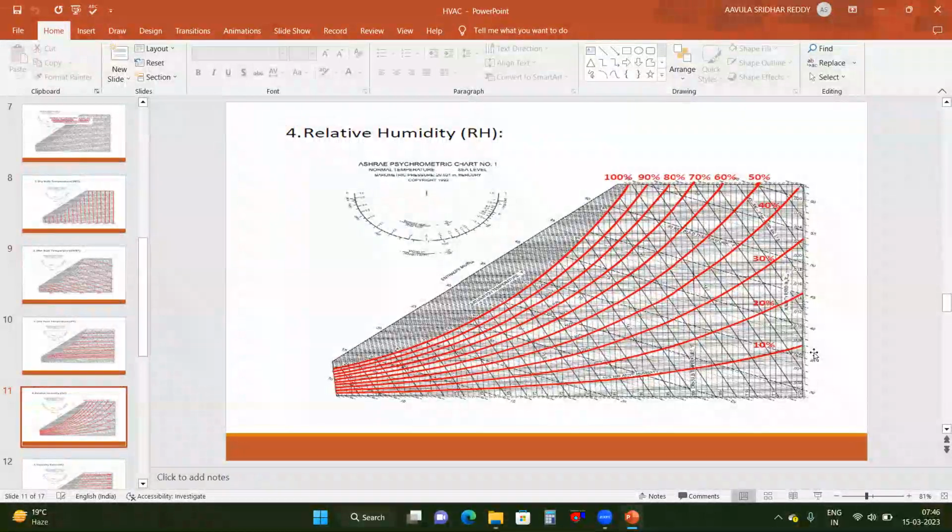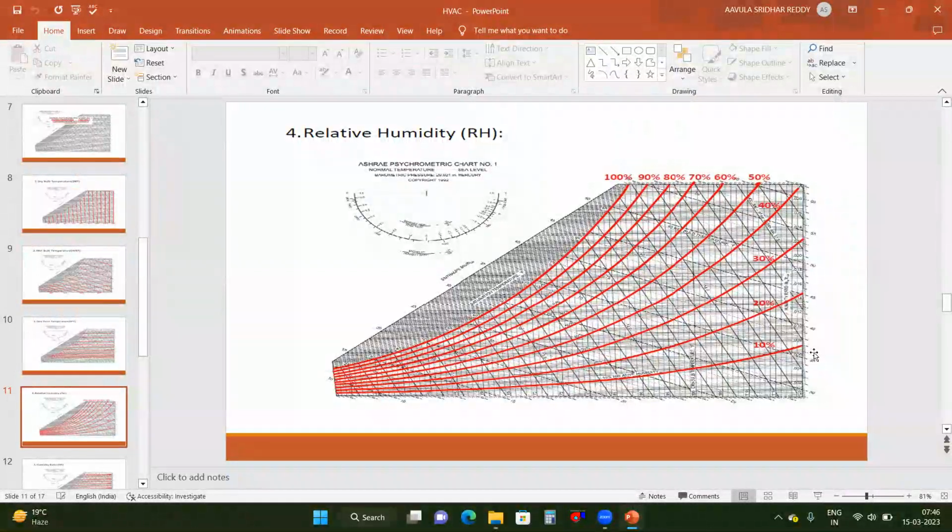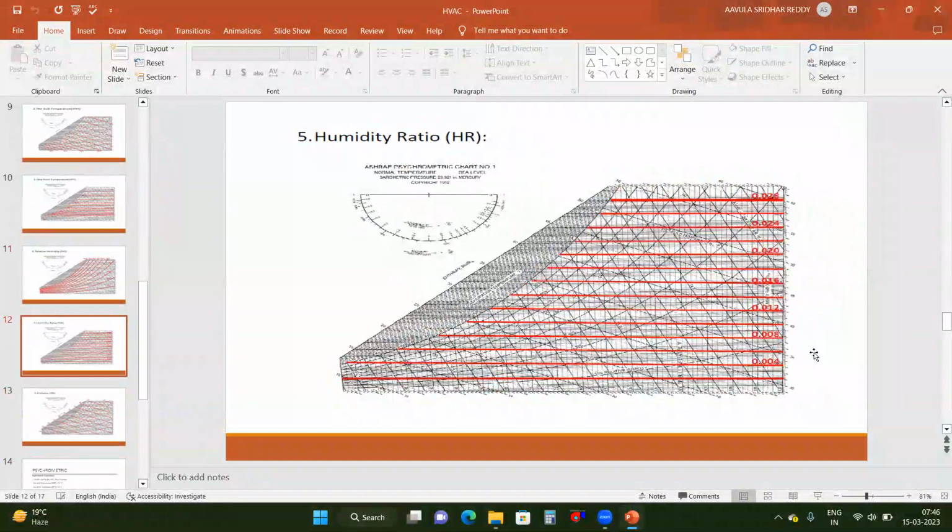And these are the relative humidity lines. Okay. So slightly curved lines, from 0 to 100%. And next is humidity ratio.